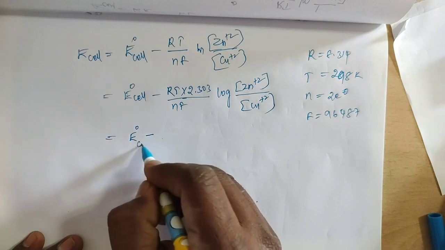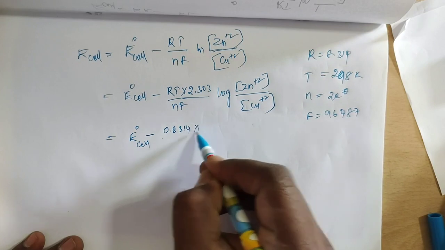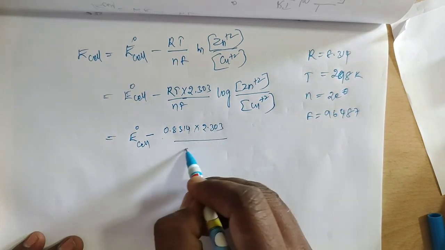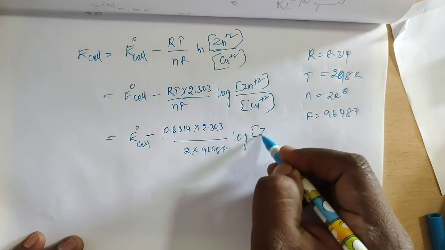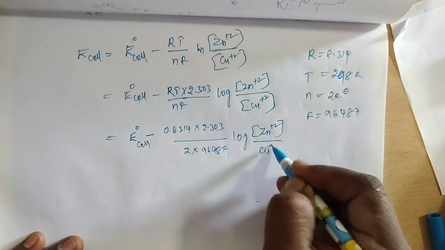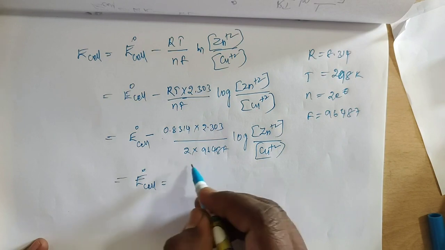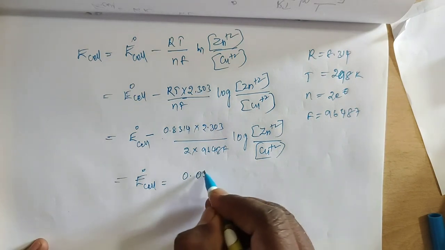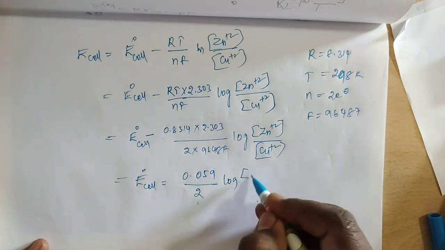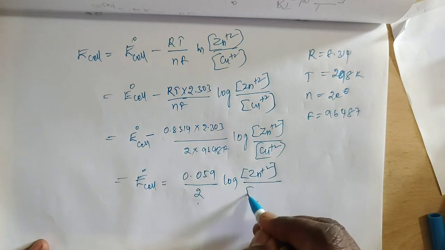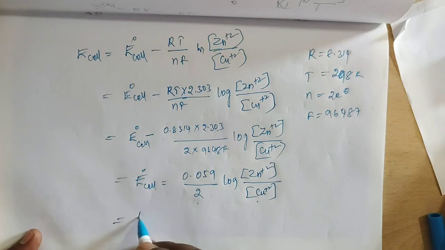You get E cell equals E0 cell minus 8.314 into 298 into 2.303 by 2 into 96487 log Zn+2/Cu+2. You get E cell equals E0 cell minus 0.059/2 log Zn+2 concentration/Cu+2 concentration.